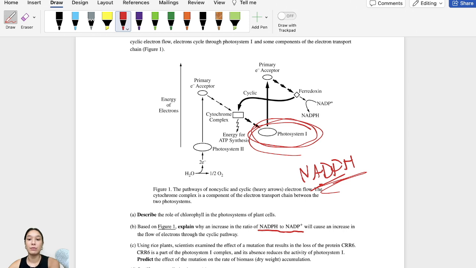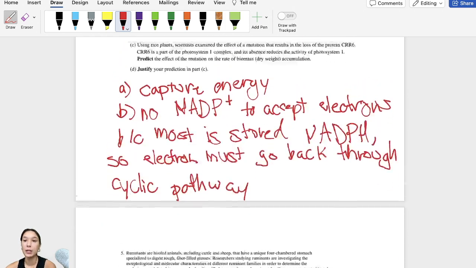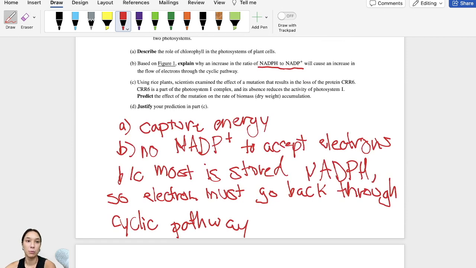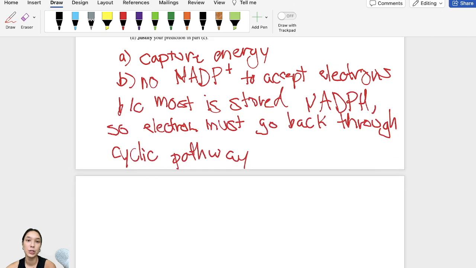Predict the effect of the mutation on the rate of biomass or dry weight accumulation. And then I'm just going to continue and we're going to do D as well, which is justify your prediction. Okay. So CRR6 is part of photosystem 1. If we don't have CRR6, you are going to reduce the activity of photosystem 1. Okay. So let me just make a little room here. So this will be C/D.